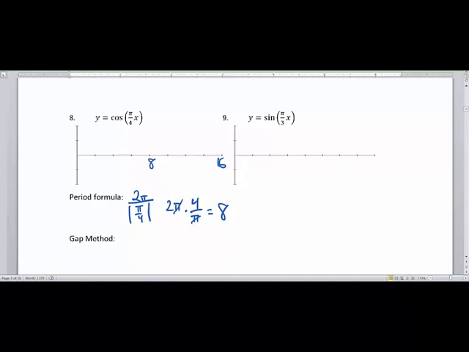Now, in case you use the gap method, instead of going to the period formula first, the gap method would be taking your pi over 2 and multiplying it by 1 over pi over 4. Now again, I'm going to shortcut one step here. 1 over anything is the reciprocal, so I can just take this 1 over pi over 4 and make it into 4 over pi.